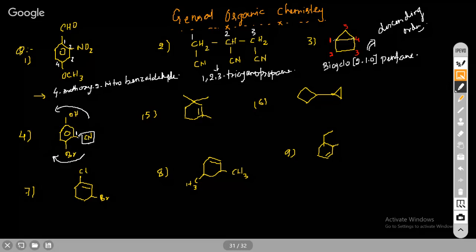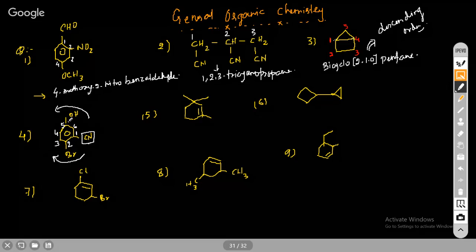That is 2 plus 5, 7. 2 plus 5, 7. Right? So when the sum of locants is the same, we give priority according to the alphabetical sequence. So alphabetically, this is hydroxy and this is bromo. So bromo comes first. So we'll do the numbering like this: 1, 2, 3, 4, 5, and 6.